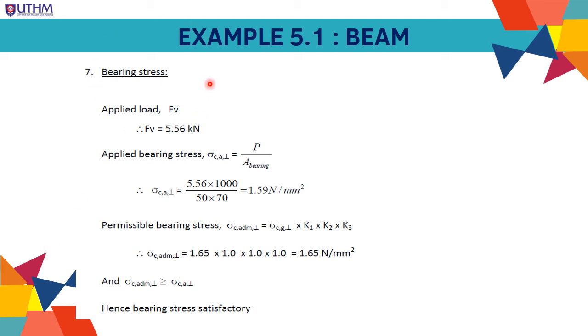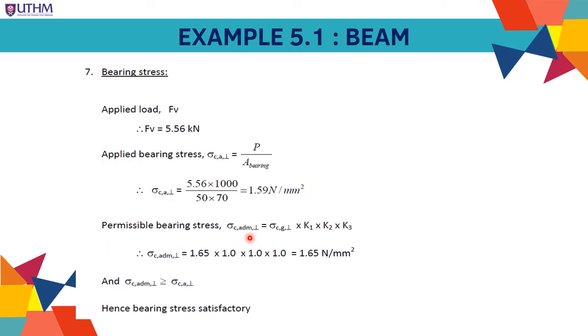Next, we check the bearing. Applied load Fv is 5.56. Therefore, applied bearing stress is P over A bearing. So A is the contact surface. We obtain 1.59 Newton per millimeter square for applied bearing stress.